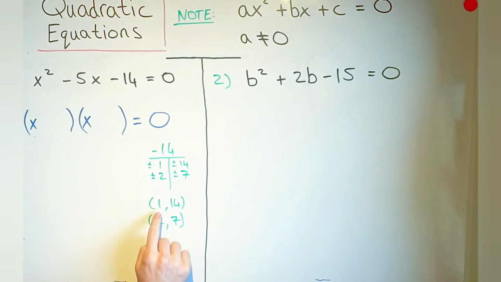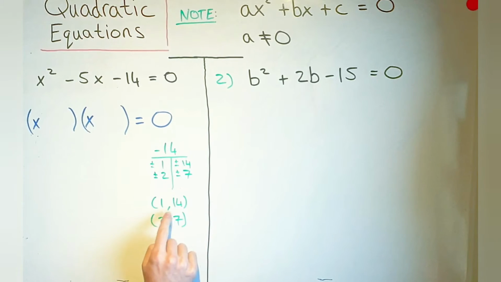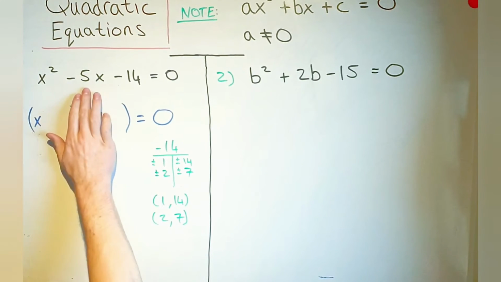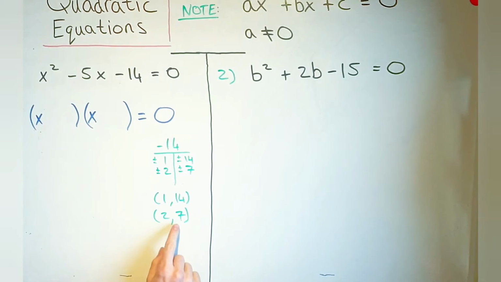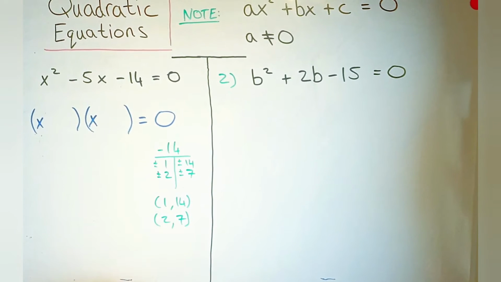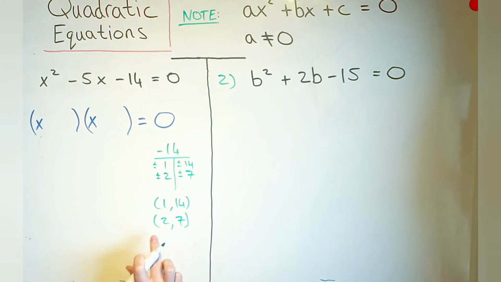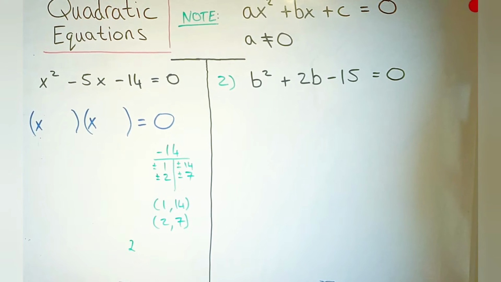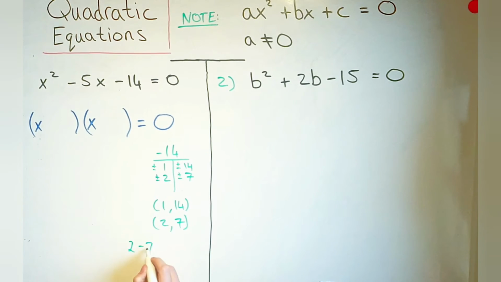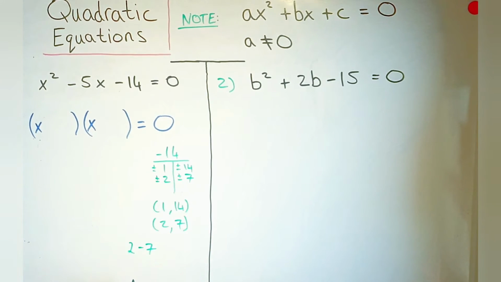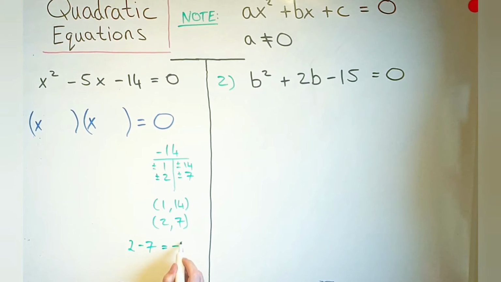Straight away, if I add or subtract 1 and 14, I'm not going to get minus 5. But when I look at the 2 and 7, I see that if I have a positive 2 and a negative 7, that's why we had the plus or minus here, that is equal to minus 5.